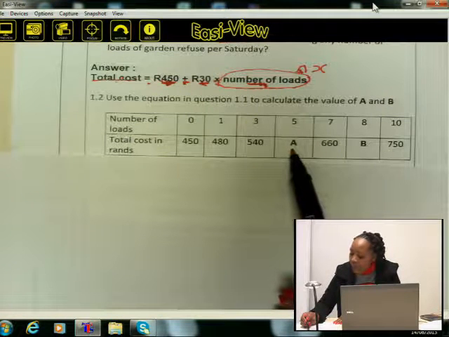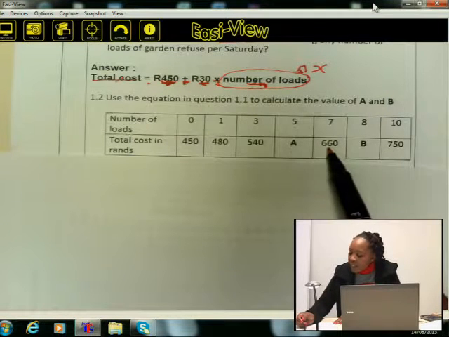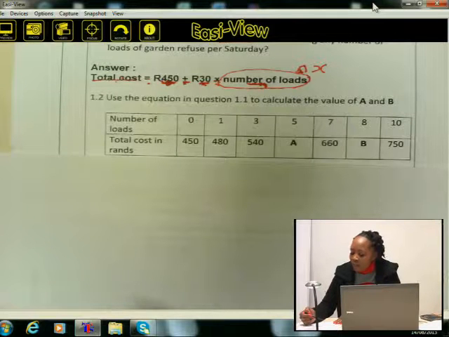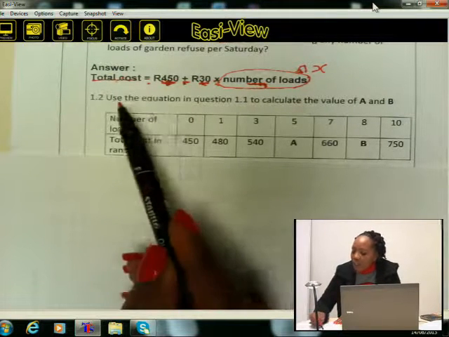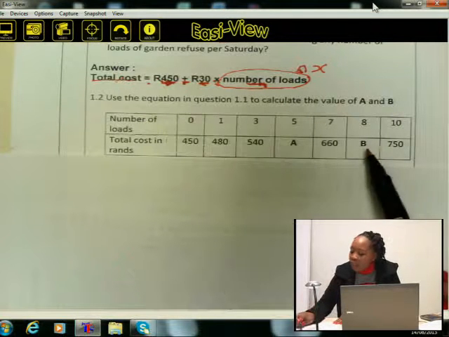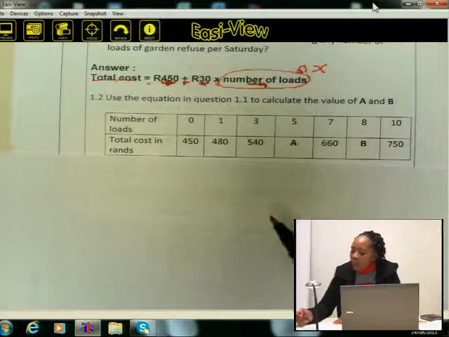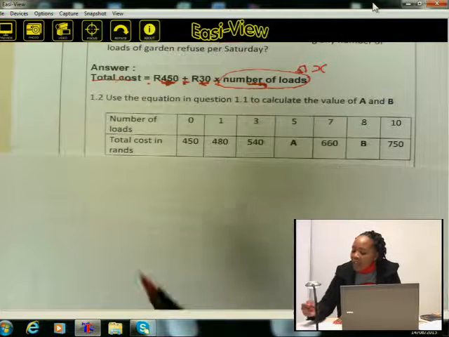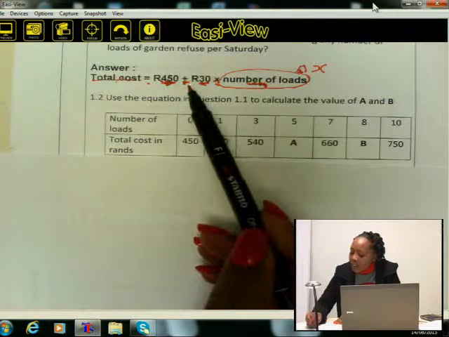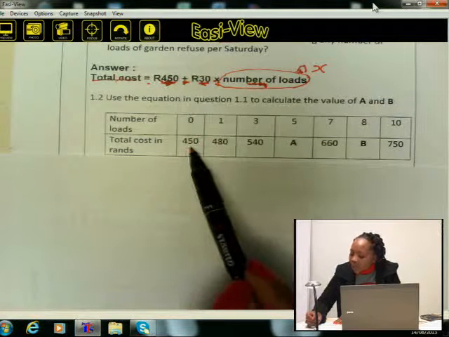We have A that we have to calculate. We have 660. We have B that we have to calculate. And we have 750. And remember they said we must use the equation in 1.1 to calculate the value of A and B. But before we calculate the value of A and B, let us test with the formula that we have written there whether we'll get 450.